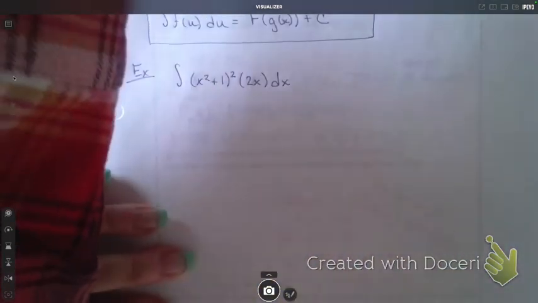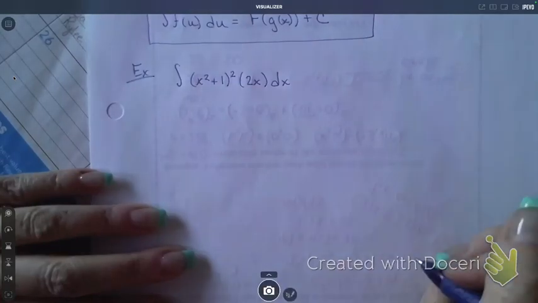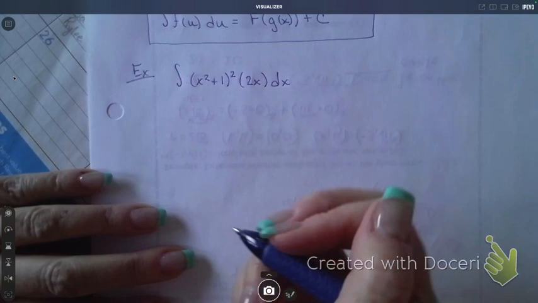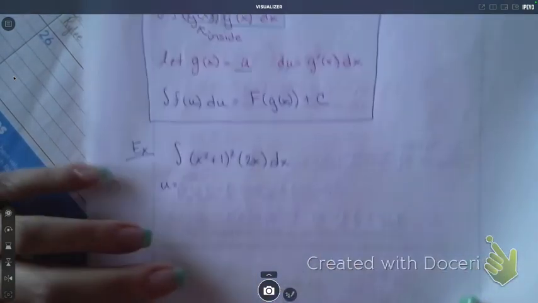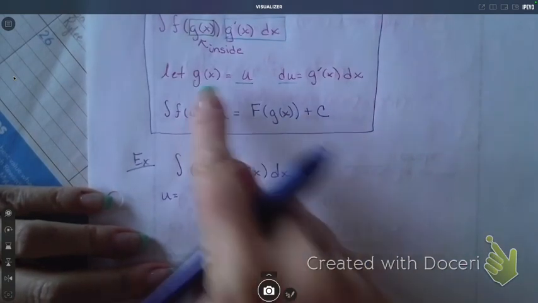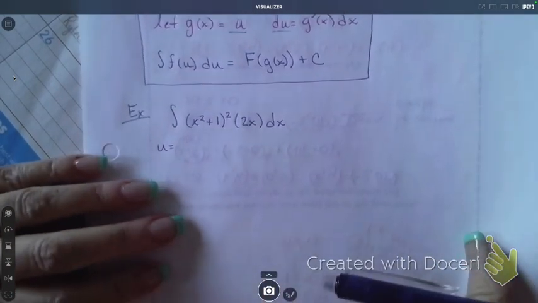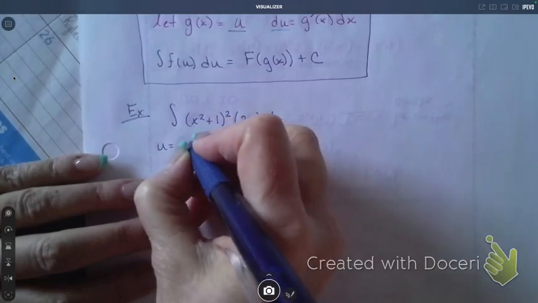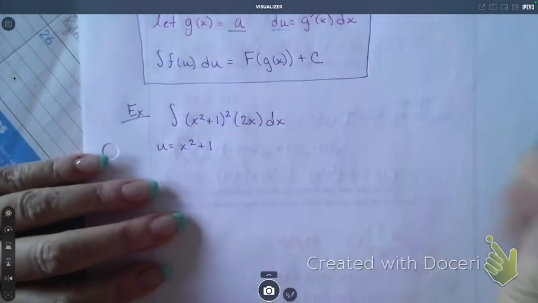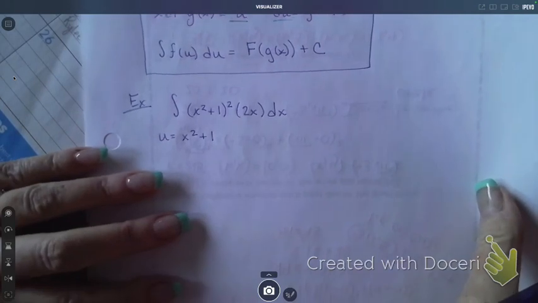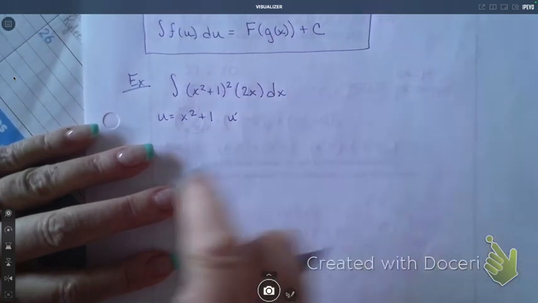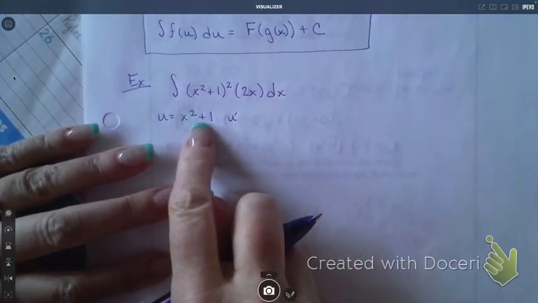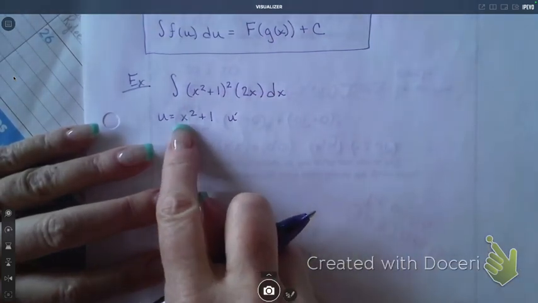So the first thing we need to do is, what is u? Remember, u was g of x. So what is u? The inside. So u is x squared plus 1. So that would make u prime what? 2x.